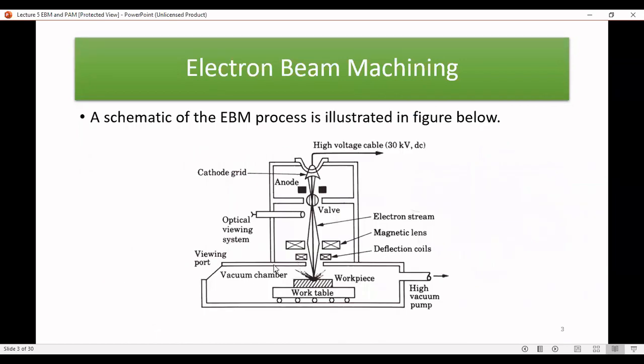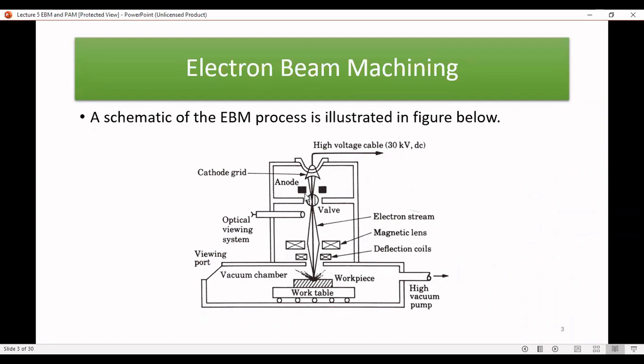This is a schematic of the EBM process. Basically, this is the vacuum chamber, all of this. The workpiece needs to be placed inside the chamber, and inside that chamber is vacuum.